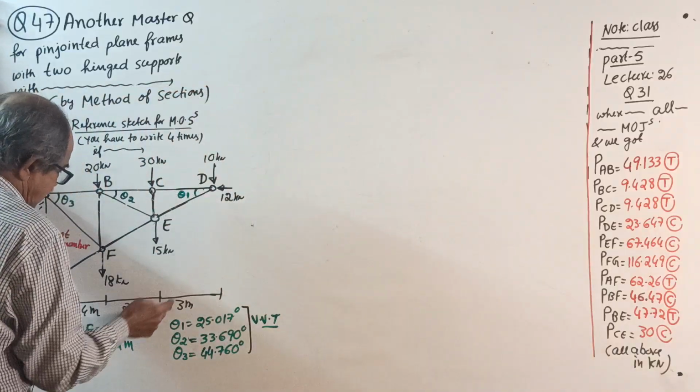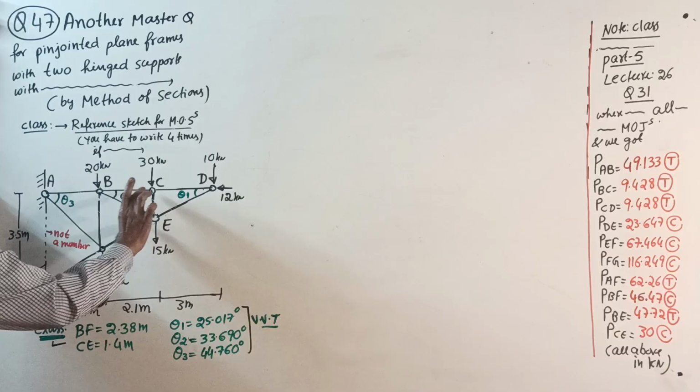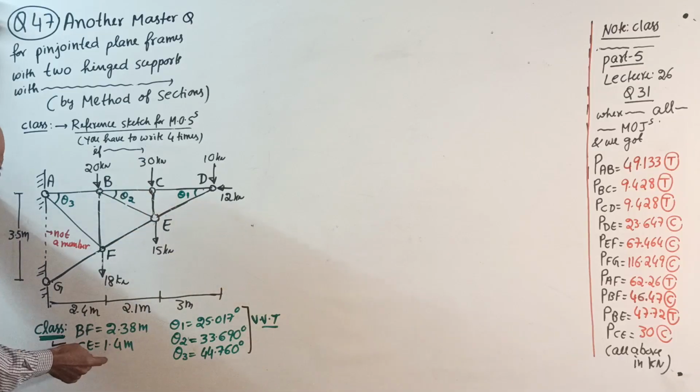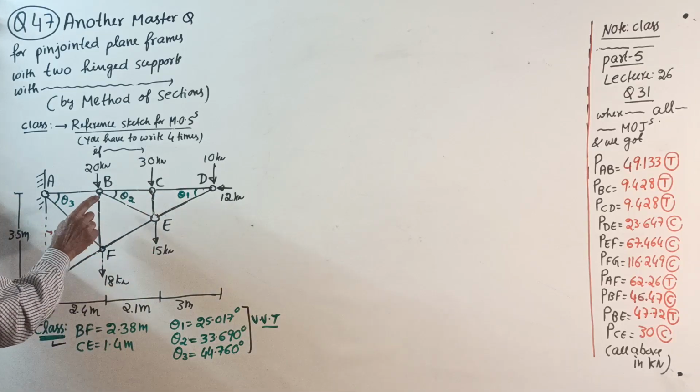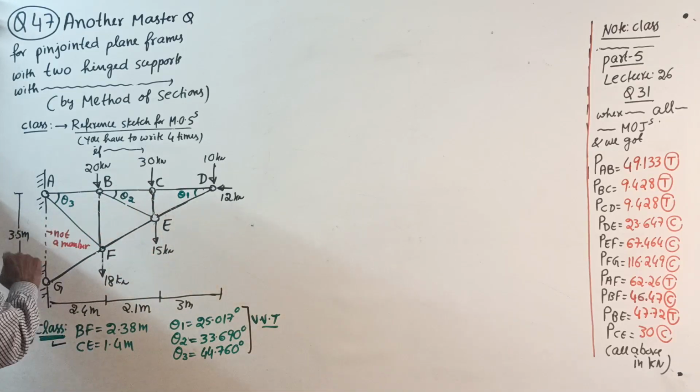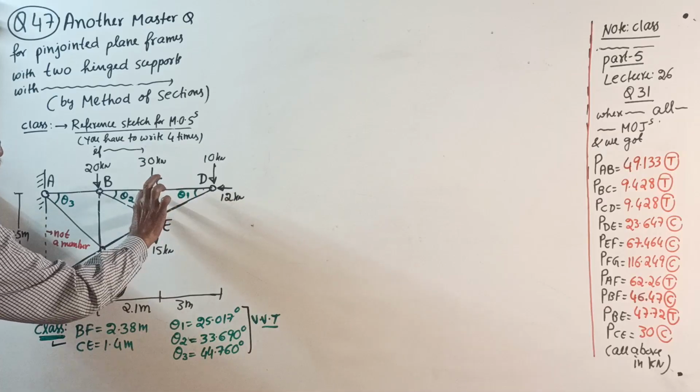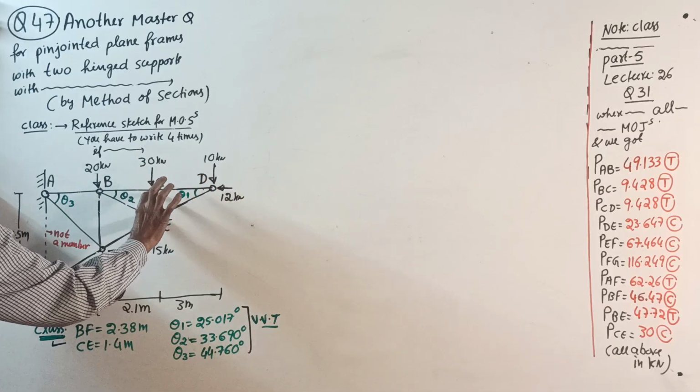Using those similar triangles, you get BF and CE. Show the calculation. And once you get BF and CE, if you want this angle, tan theta 1 equals this side by this side. How much is it?